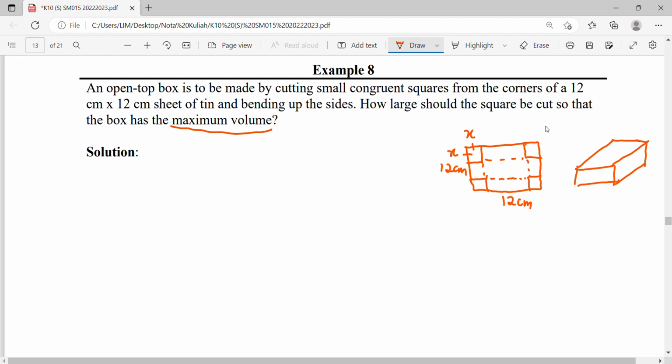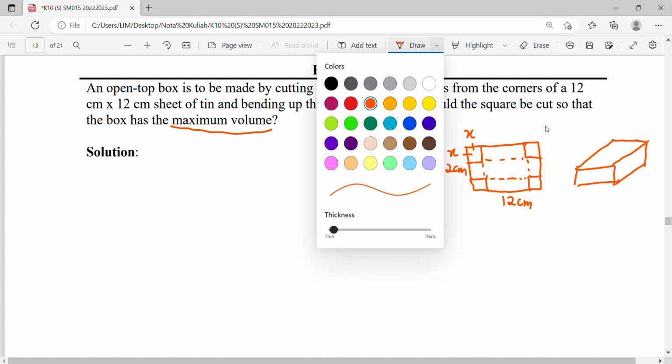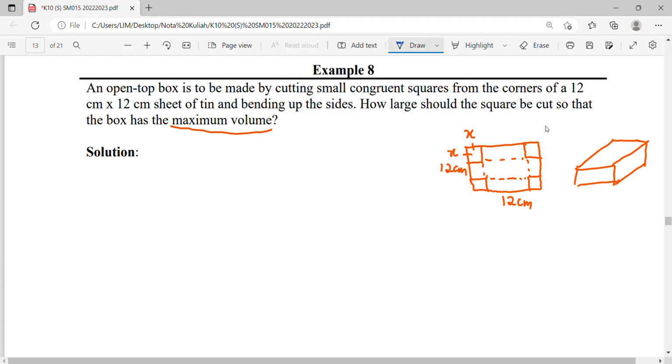Alright, so therefore your variable here will be x. This is the side of the square. And then the quantity that you want to maximize here will be your volume.